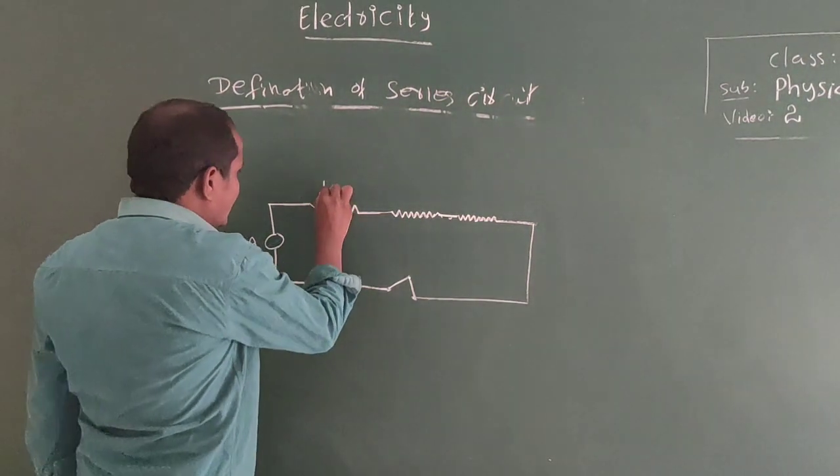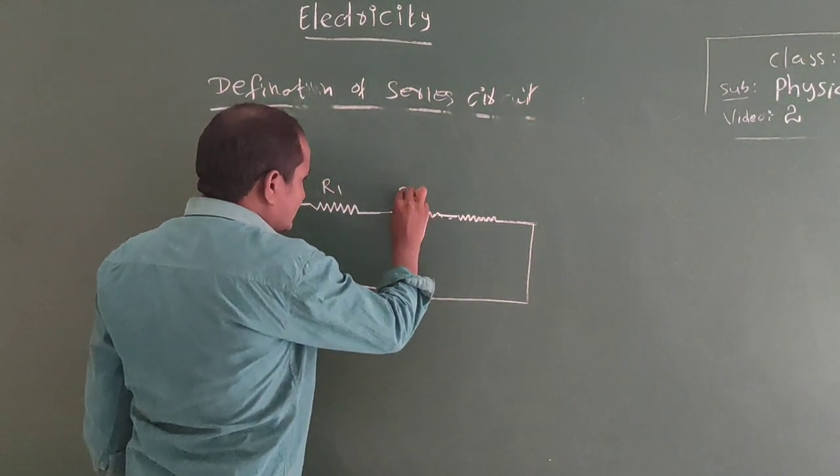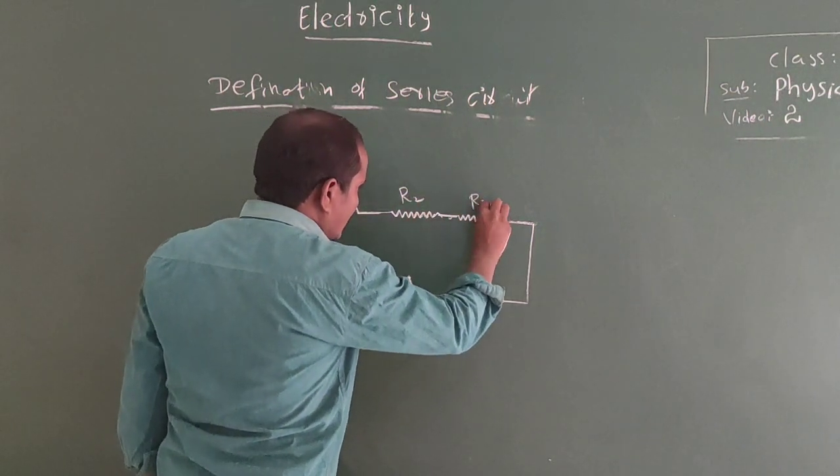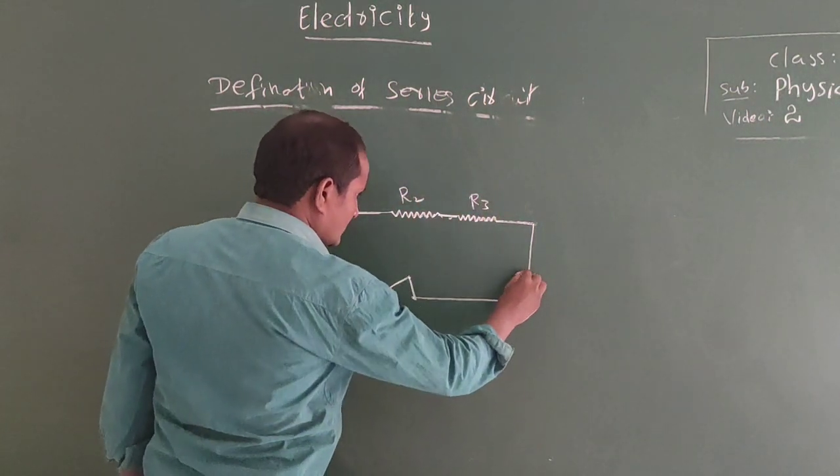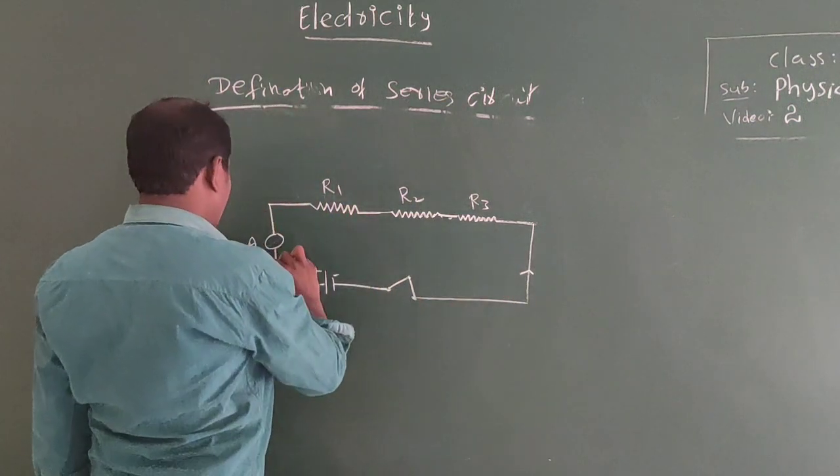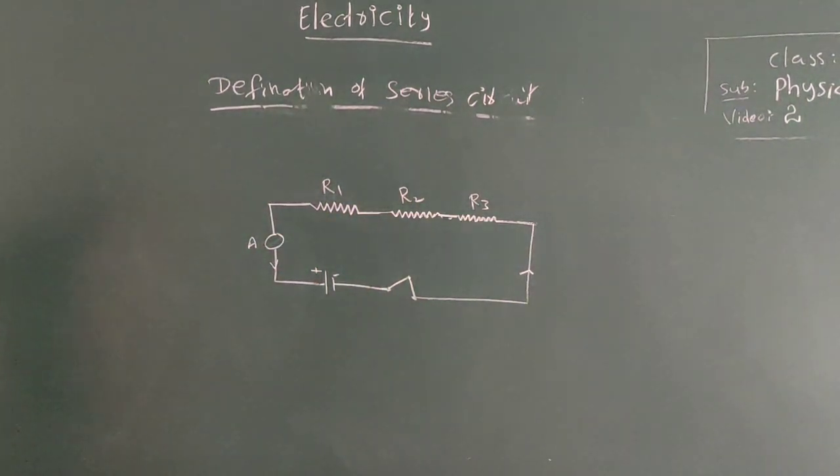For example, resistor R1, resistor R2, and resistor R3. The resistors are connected in series. The current flowing in a series circuit remains the same in all the elements of the circuit.